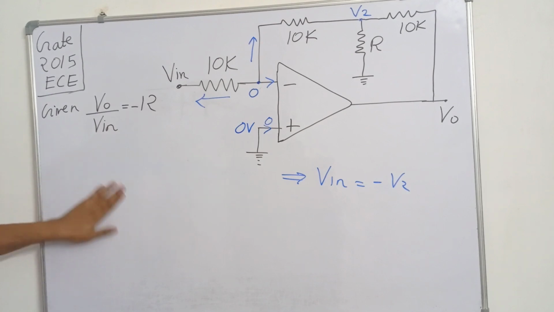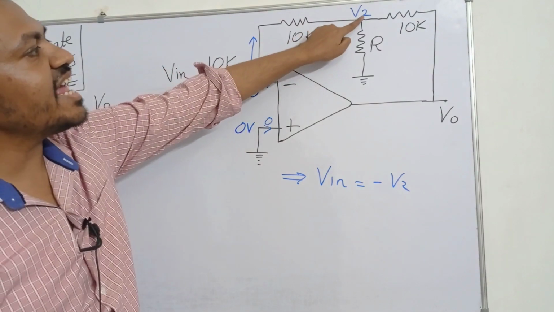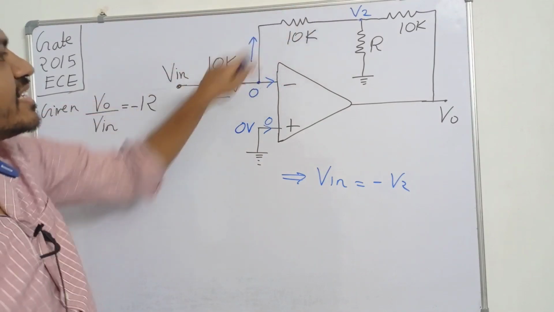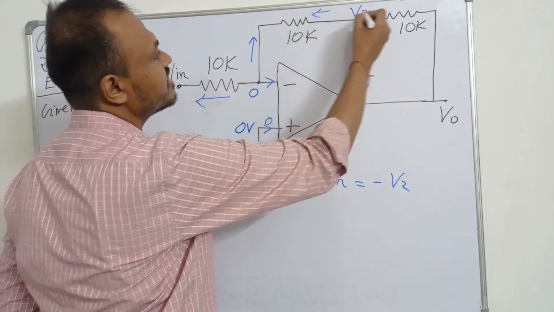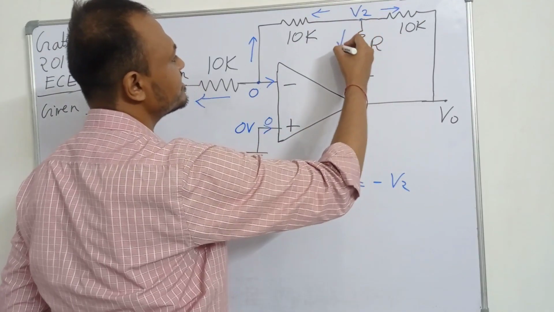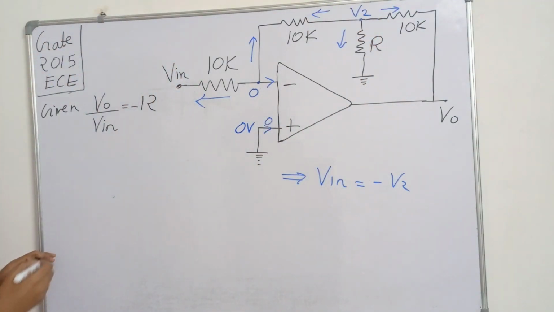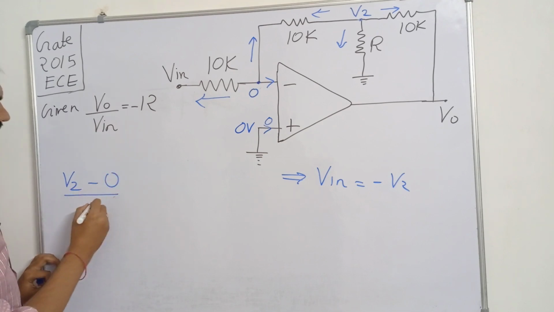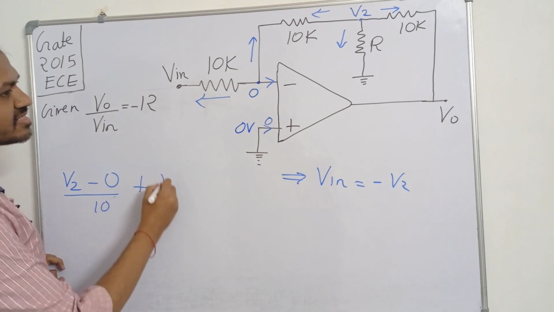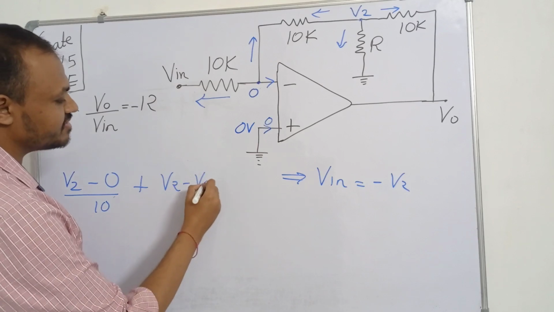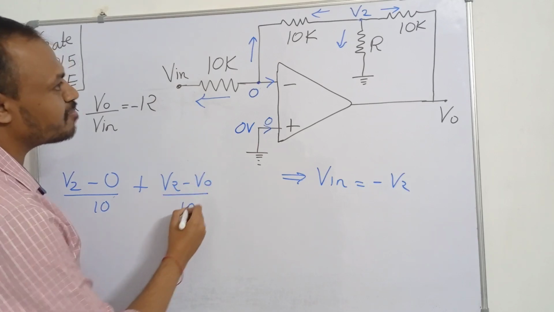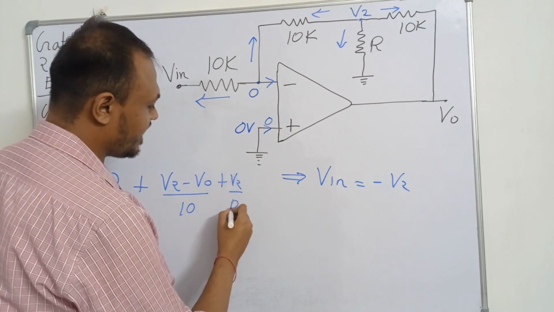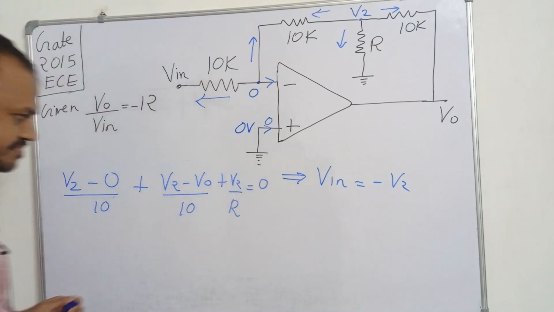Now we will apply KCL at this node. So there are three outgoing currents. One is this outgoing current, then this is second outgoing current, this is third outgoing current. So V2 minus 0 upon 10 plus V2 minus V0 upon 10 plus V2 upon R equal to 0.